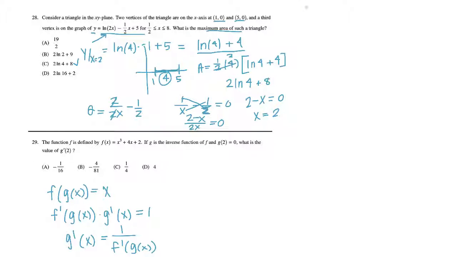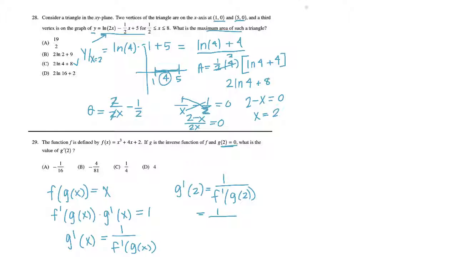Now we have our formula that we need to plug into. G is the inverse. What is the value of g prime at 2? So g prime at 2 is 1 over f prime of g of 2. And so let's see if we can't go find that answer. So 1 over, and let's see, g at 2 we're given.